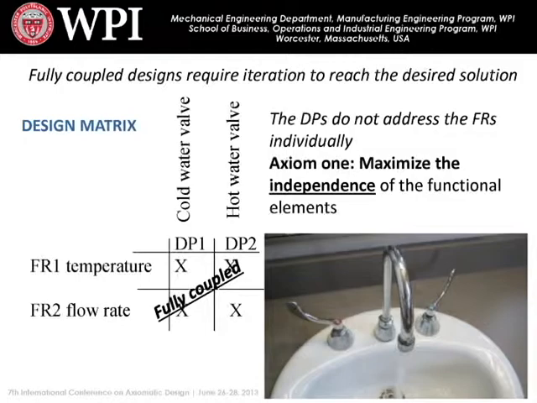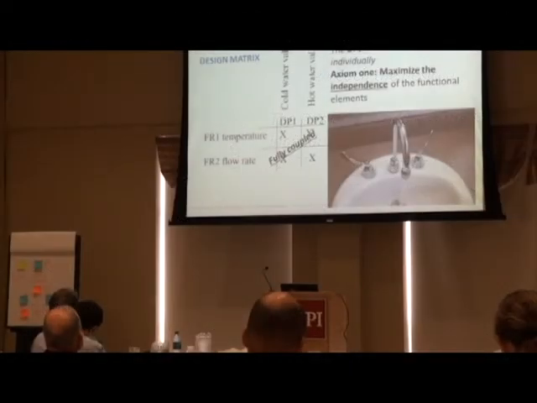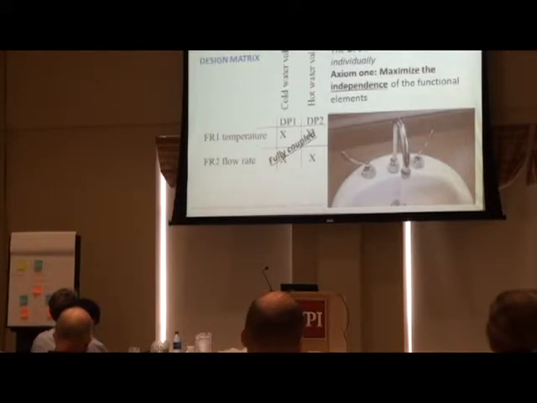Both design parameters influence, affect, and control both functional requirements. We might be able to get the desired level of flow and temperature, but it would be a complete shot in the dark to get that first time right out of the gate.